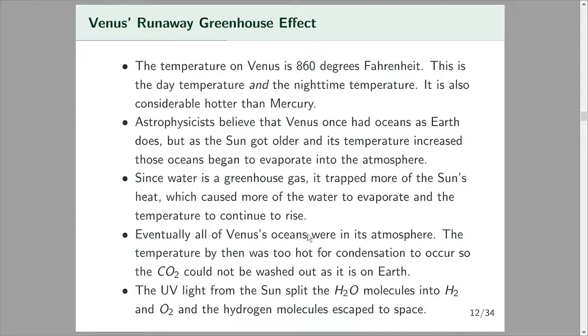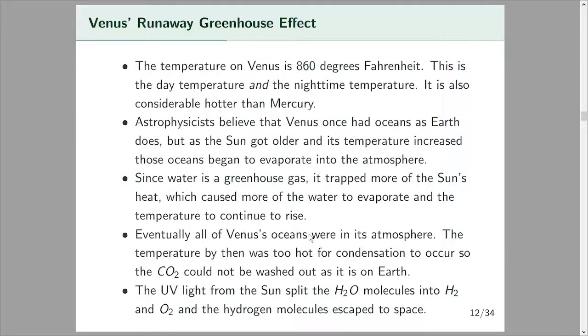And of course Venus's continuing volcanoes and geologic activity continued to produce CO2, which also got trapped in the atmosphere and wasn't getting washed out by the rain, that wasn't condensing back into the ground. And so Venus got runaway hot.